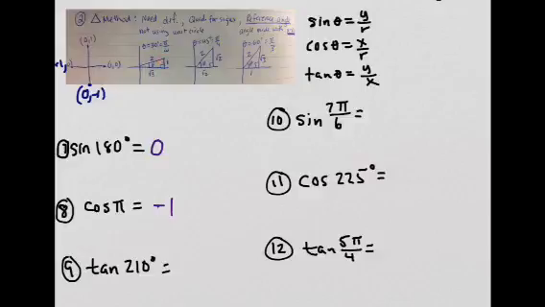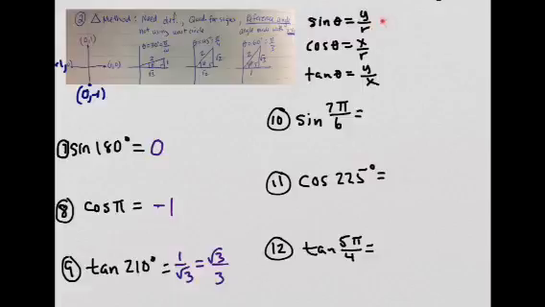So I'm going to look here, and my definition is y over x. So y over x. So it's 1 over radical 3. We rationalize it, and we get radical 3 over 3. Okay. For sine, again, it's 7 pi over 6. It's the same angle, 210, as number 9. So we're looking at this triangle.